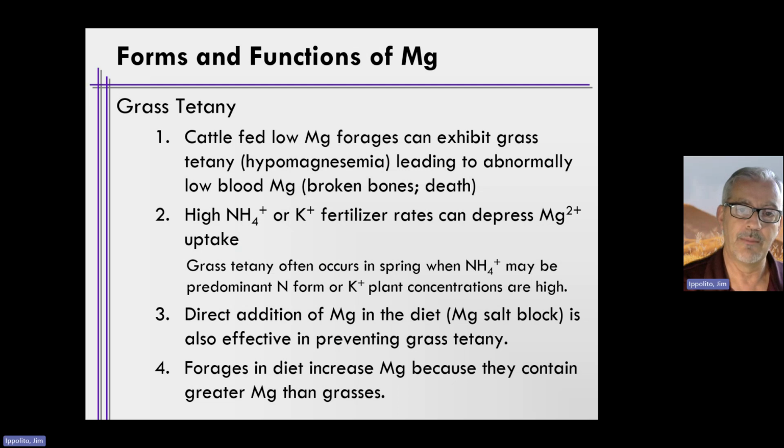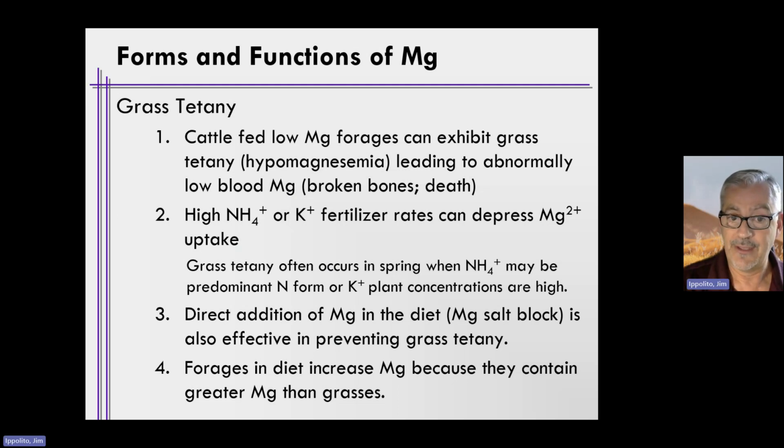When ammonium or potassium ions are in great concentrations in the soil, they occupy more of the exchange sites and kick magnesium off the exchange sites. And magnesium on exchange sites is the buffer to maintain magnesium concentrations in the soil solution for plant uptake. So if there's a lack of buffer, plants suffer.